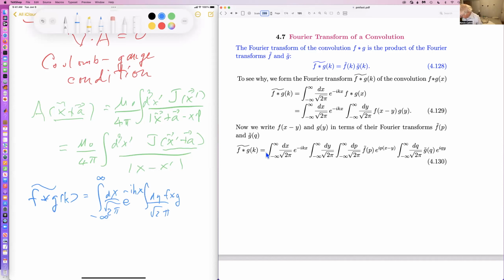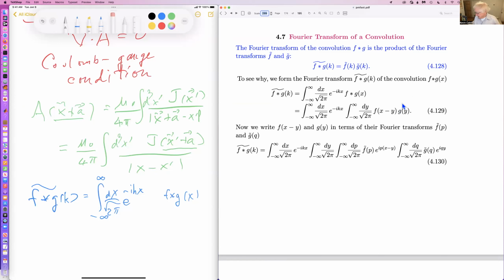Well, it's actually just f star g of x, and I can use my handy eraser to write it this way. It looks a little silly, but that's what one is actually doing.